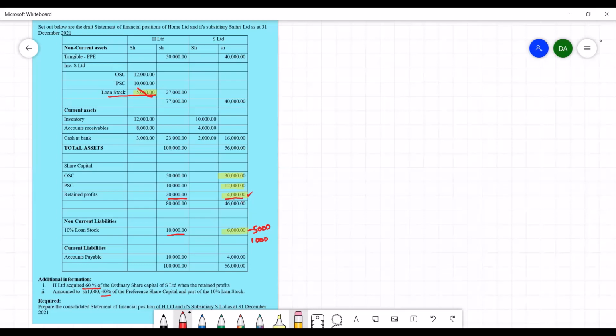And the loan stock which is owed to the third parties in the subsidiary is 1,000, because 5,000 is owed to the parent company, which is H Limited, and 1,000 is owed to the third parties. The one in the holding company is owed to the third parties.